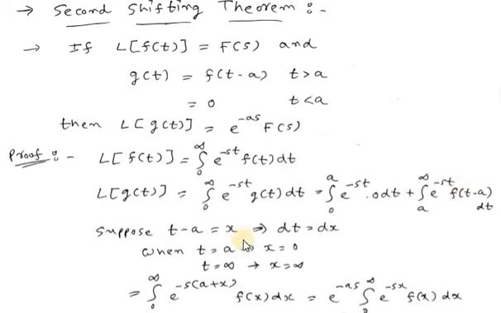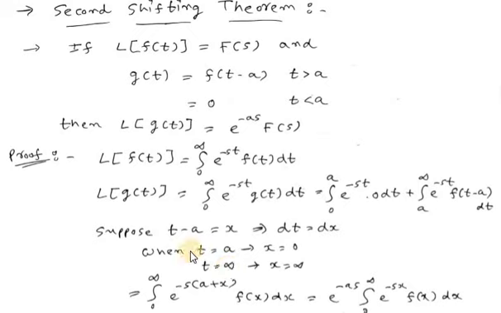To solve this integration, we will suppose t minus a equals x. Differentiating this equation, we have dt minus 0, since a is a constant, equals dx. So we will replace dt by dx. When t equals a, a minus a is 0, so the value of x is 0.